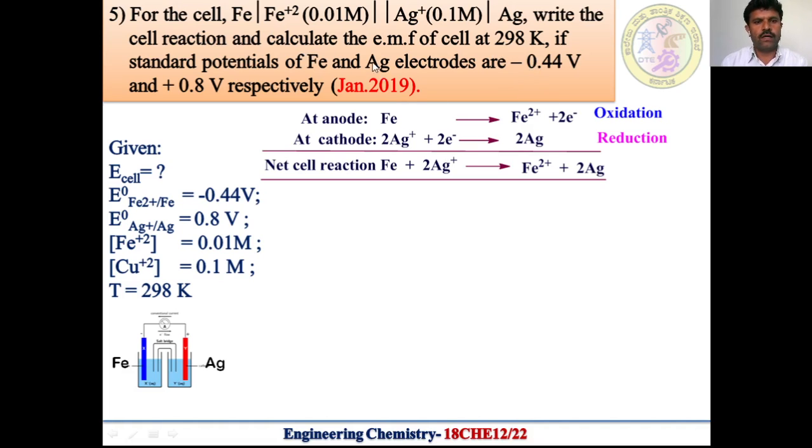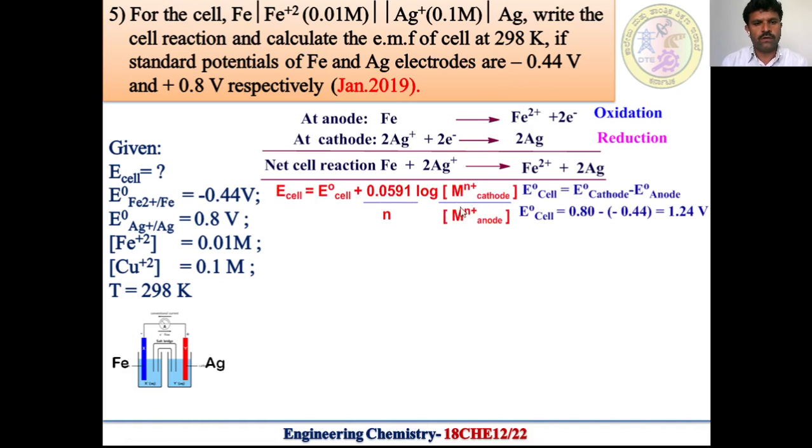And then, calculate the EMF of the cell, the second question. As we know, E cell is equal to E0 cell plus 0.0591 divided by n, log of the concentration of the solution at the cathode divided by the concentration of the solution at the anode. We selected this standard condition equation because the temperature is 298 Kelvin. Let's calculate E0 cell first.